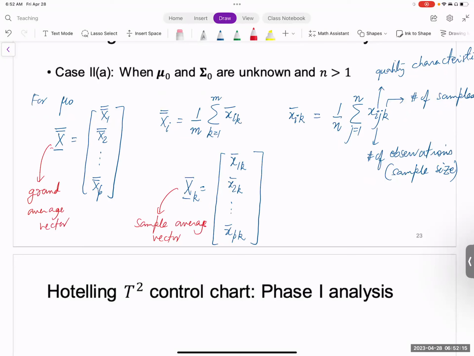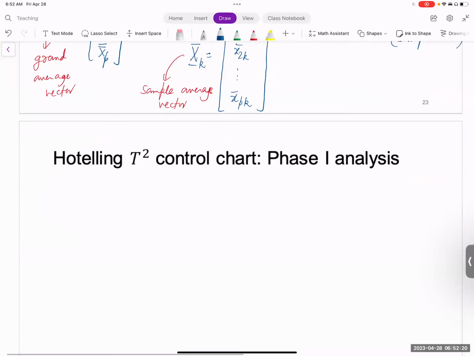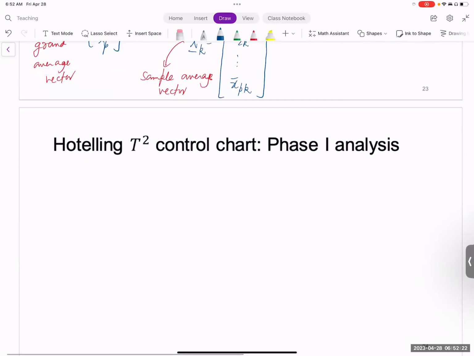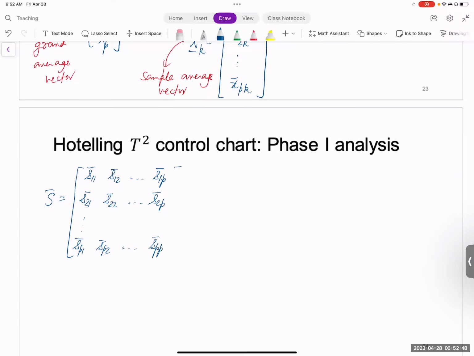Right. And then the last thing that you need is the sample covariance matrix, which I'm going to tell you. Sample covariance matrix is essentially S over bar. Again, I'll provide you this one: S11 bar, S12 bar, all the way up to S1p bar, S21 bar, S22 bar, up to S2p bar, Sp1 bar, Sp2 bar, up to Spp bar.